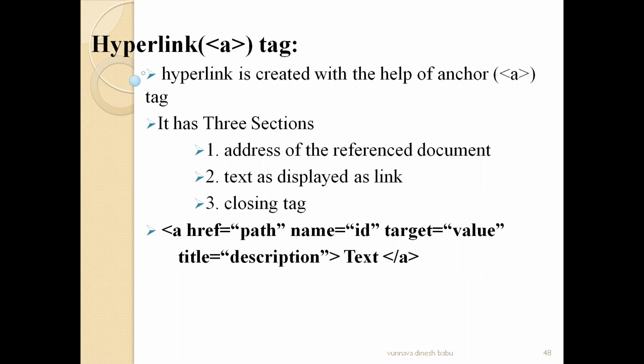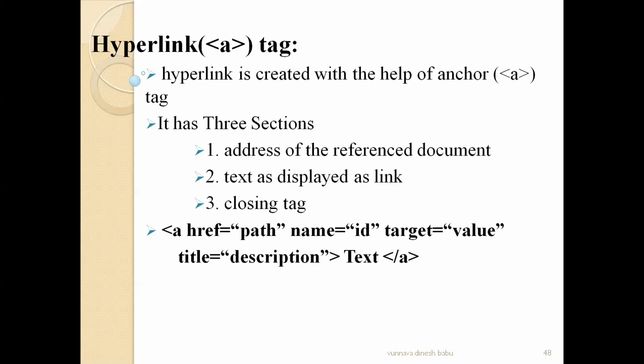Whenever a user clicks on a link, what should be opened, that particular path should be given for this href attribute. And the name attribute is used to create links in web pages. In the last class, I didn't show an example regarding the name attribute. I will show the example regarding the name attribute when we start the lab cycle.